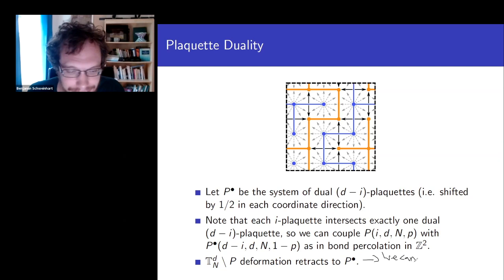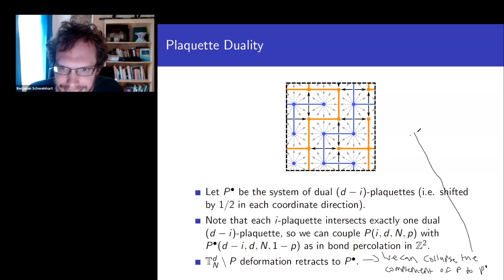If you haven't seen what a deformation retract is before, we can collapse the complement of P to the dual system. And this implies, among other things, that they have the same homology groups.